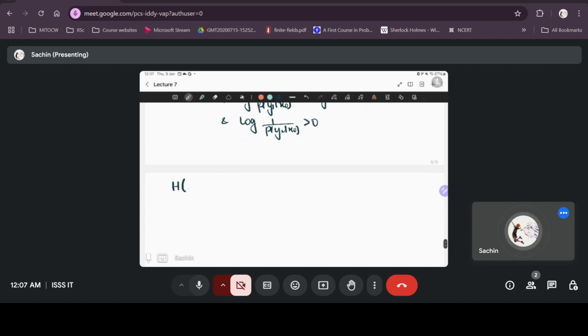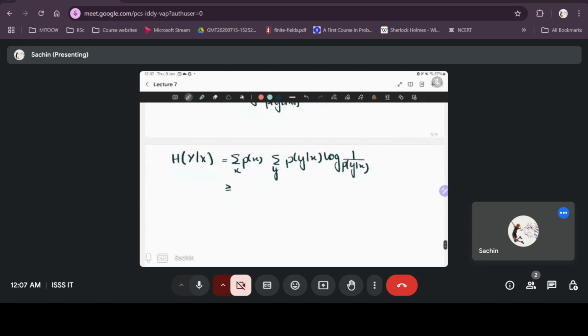Now h of y given x is equal to the summation of p of x over all x, summation over all y, p of y given x, log 1 over p of y given x, which is greater than or equal to, since the sum is over all x, if you drop all the x's other than x0, then that sum is greater than one individual term.